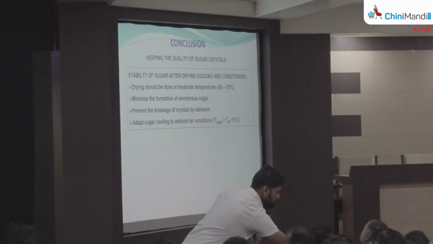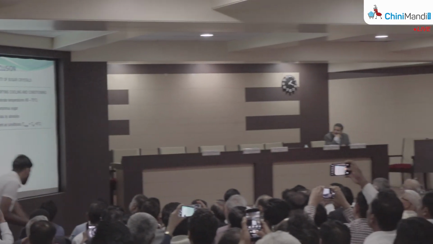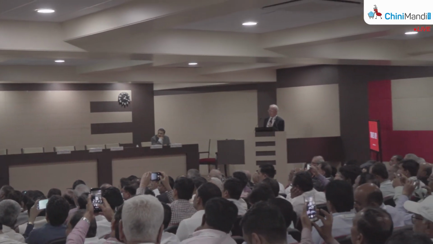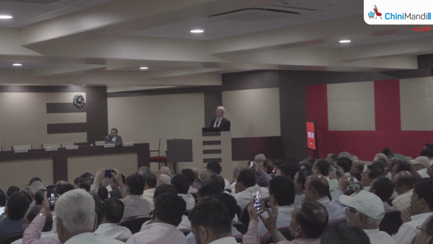For the stability of sugar, drying at 65-70 degrees is more than enough. Minimize the formation of amorphous and adapt sugar cooling to the ambient conditions. Water content and water activity, we have seen how to measure them, and they are very useful to predict the stability of sugar. And now, thank you for your attention.